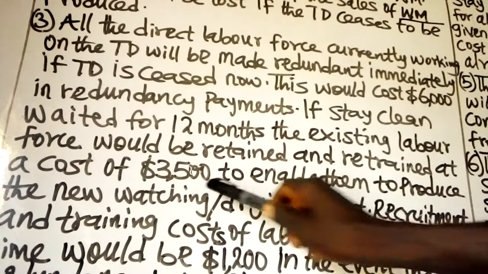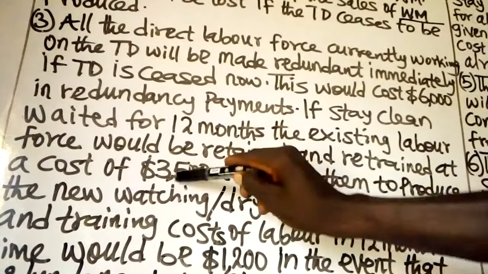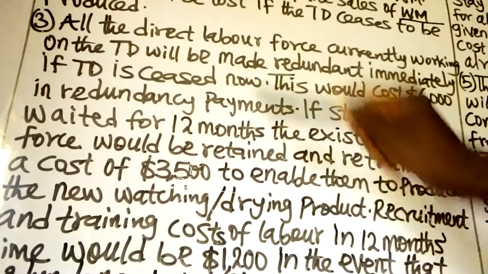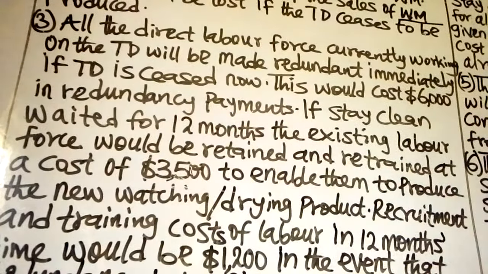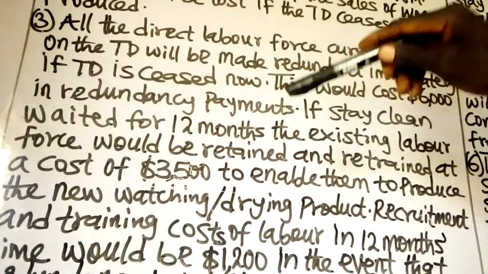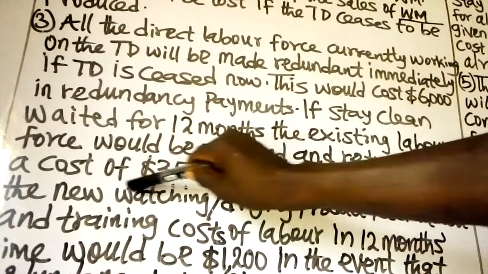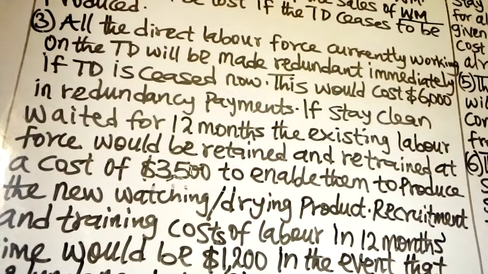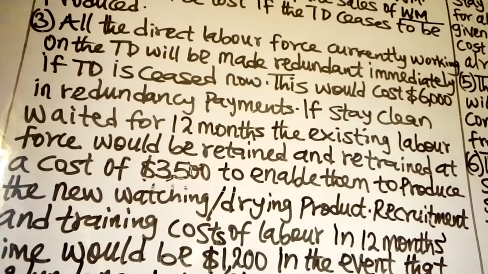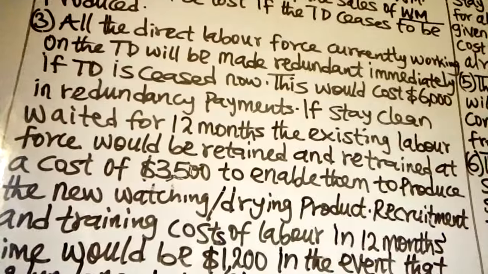But if you cease TD now, because you want to consider ceasing TD now, this retrain cost of 3,500 will not be incurred. The opportunity cost of ceasing now: if you cease now, this cost will not be incurred, because there will be no need of you producing TD again.